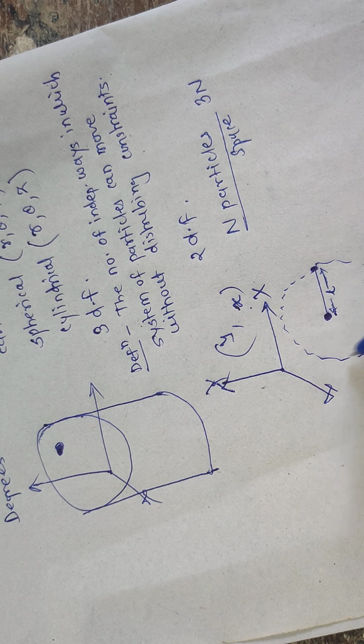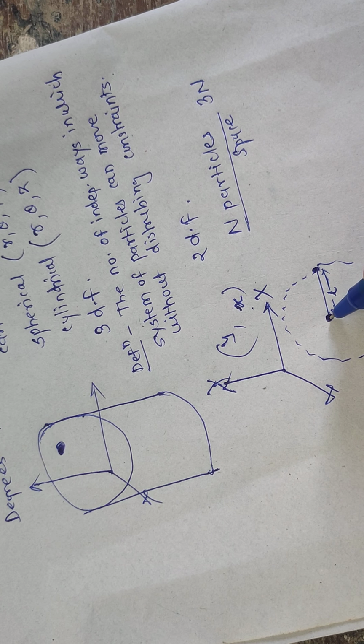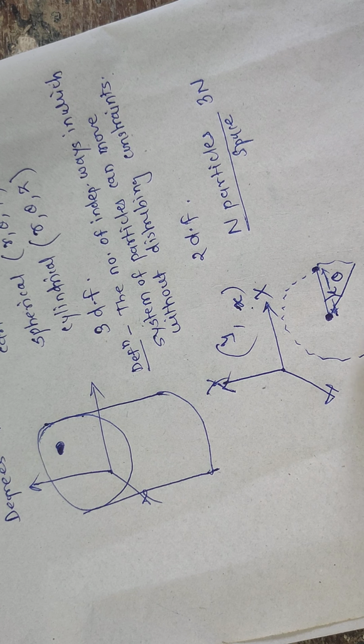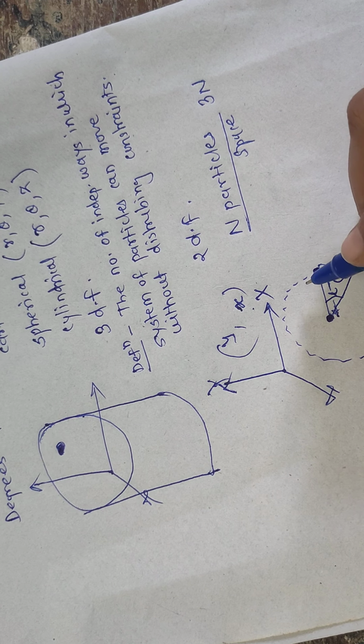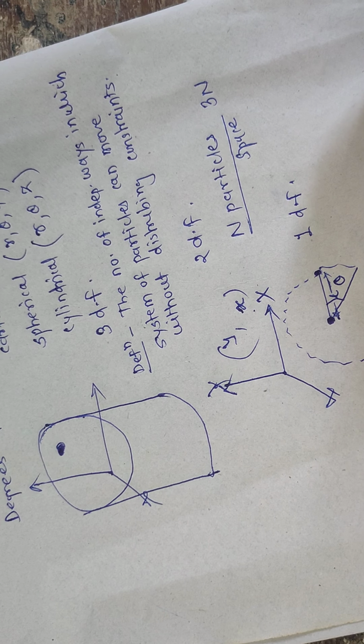Then the motion of this particle can be defined by only one variable called theta, so this particle has 1 degree of freedom.